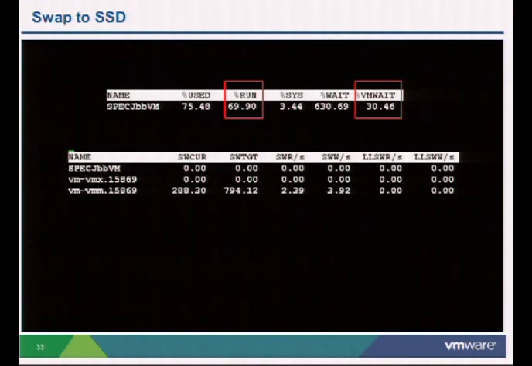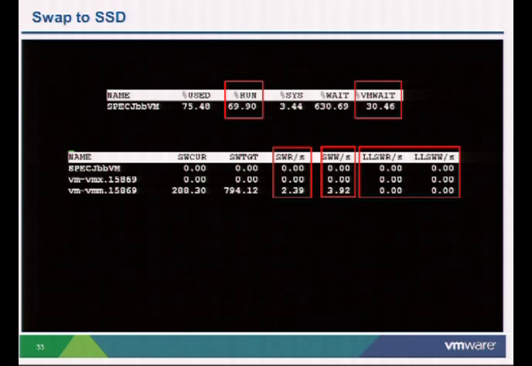What was happening in this case is the VM was swapping. And when it was swapping, you will see the swap counters going. Swap reads and swap writes, you see some activity there. But what you also notice is there's a separate counter for swapping into the SSD device. And that counter is 0, which means I'm not using the SSD device for swapping. Why?